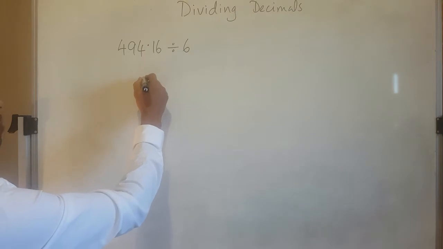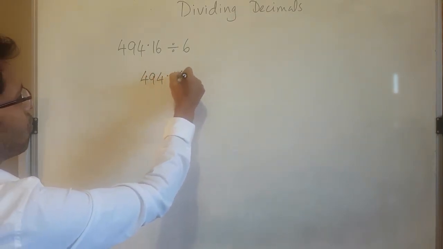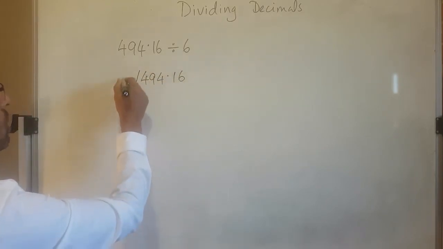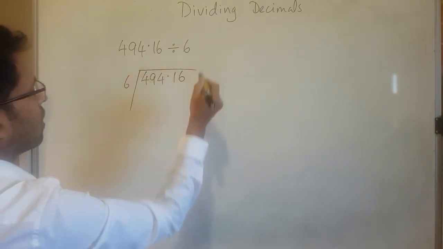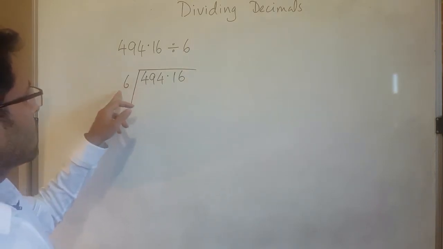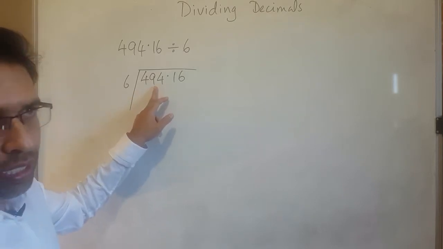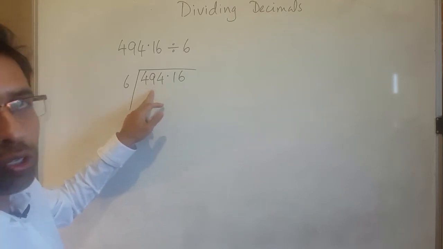And how to do the long division of that? 494.16 divided by 6. First we try to divide that 4 by 6, which is not possible because 4 is smaller. Then we can go for the next digit, which makes 49.